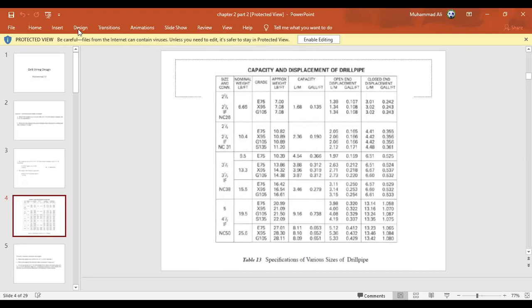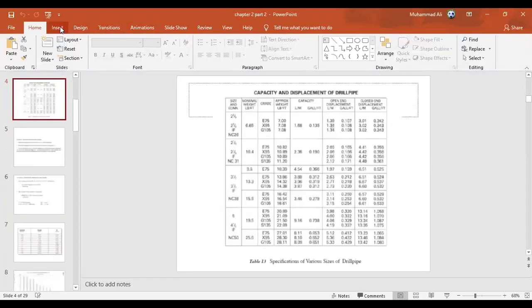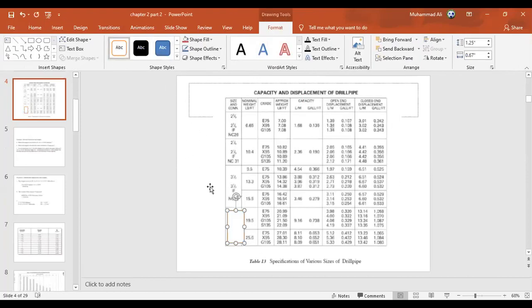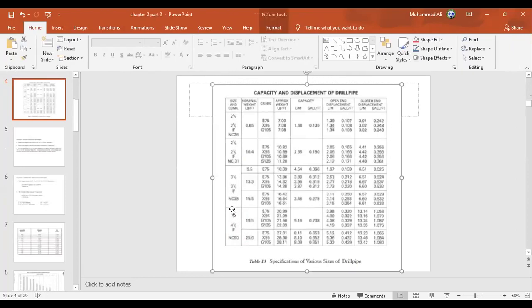If I make the... this is what we are looking for. If I can use the brush here.